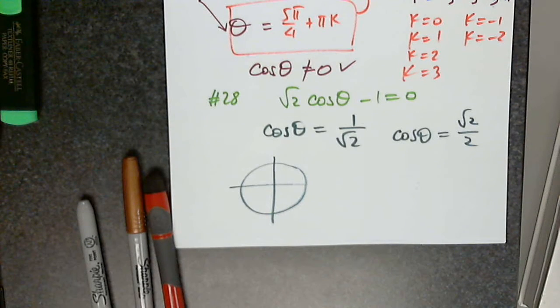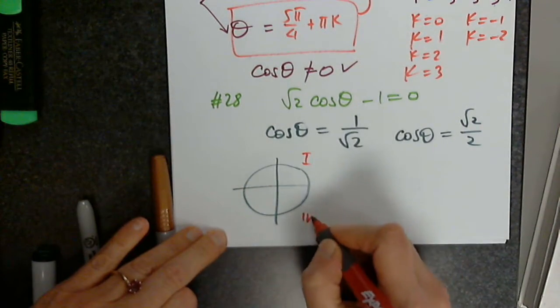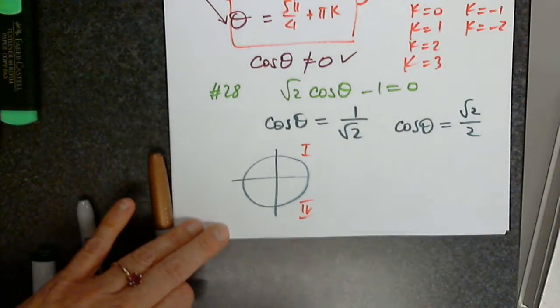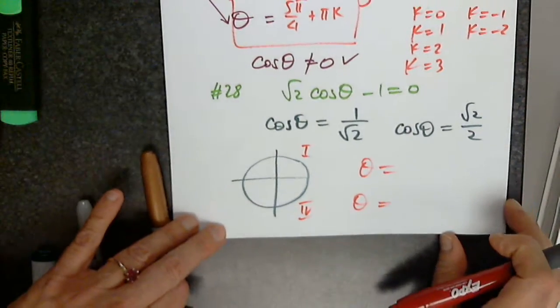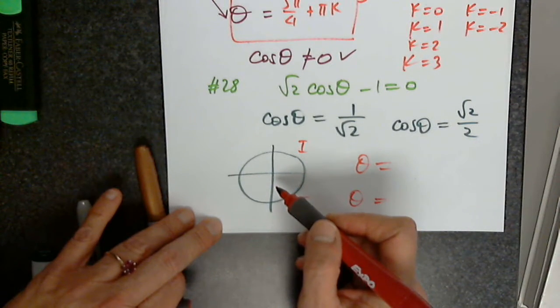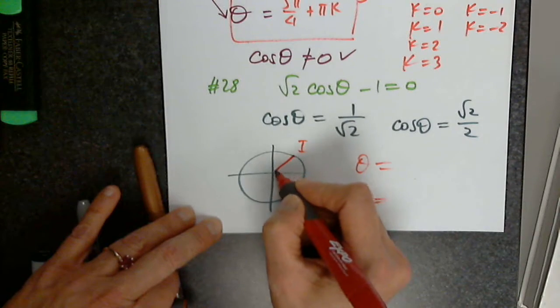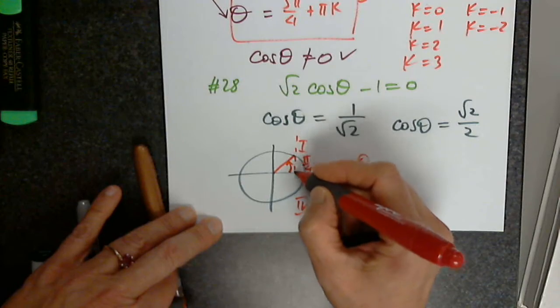But again, I have to identify the quadrants. Where is cosine positive? Yes, in the first and the fourth. So then I will have an angle in the first, which is definitely the little 45, pi over 4. I draw the vertical line.